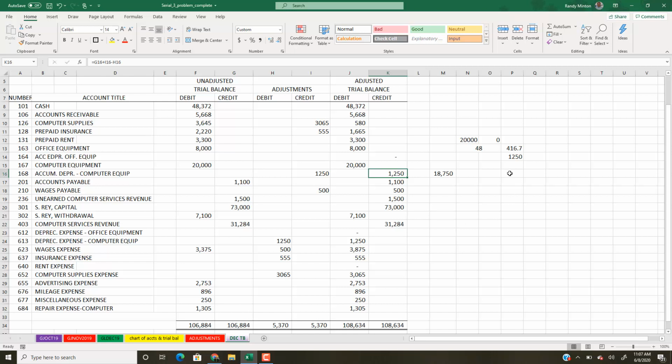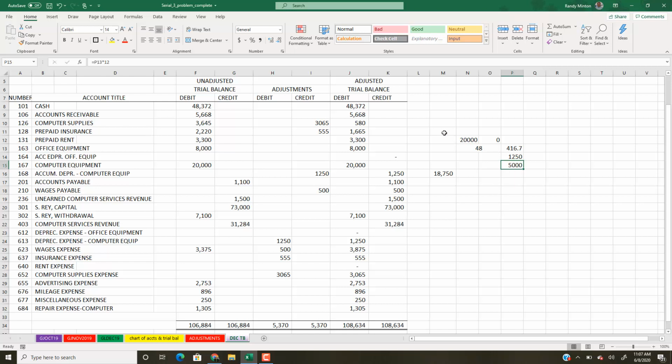So 5,000 next year. And if you think about it, that makes sense, because if you divide this number, because there's no salvage, by 4, you get $5,000 a year, and that's all that's happening here.